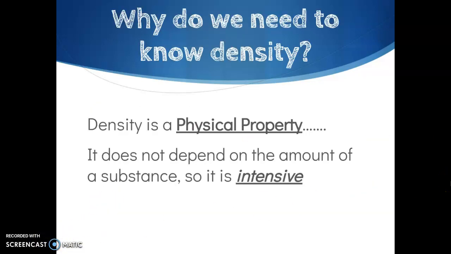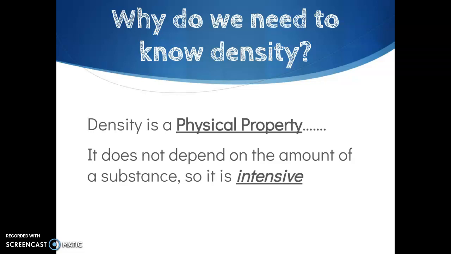So why do we need to know density in physical science? Well, we've been talking about the differences between chemical and physical properties, right? This whole unit has been about matter. Density, if we remember, is a physical property. So it's a physical property of a substance. It does not depend on the amount of the substance present, so it's intensive.